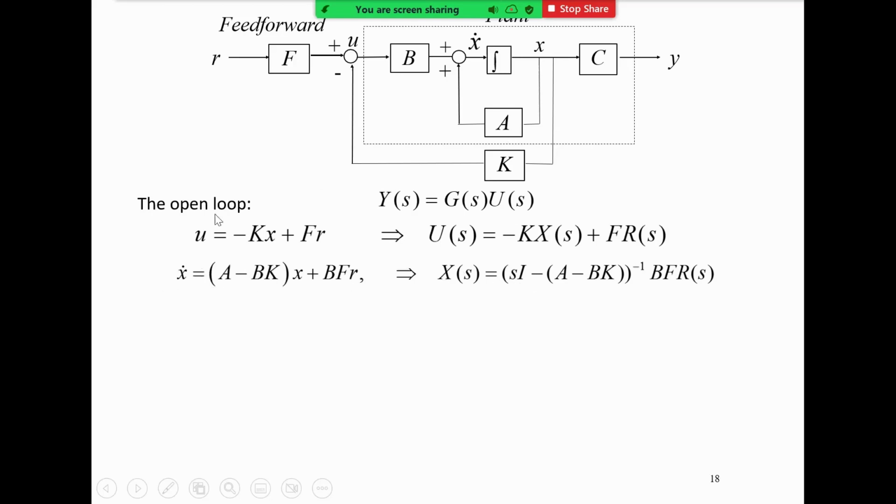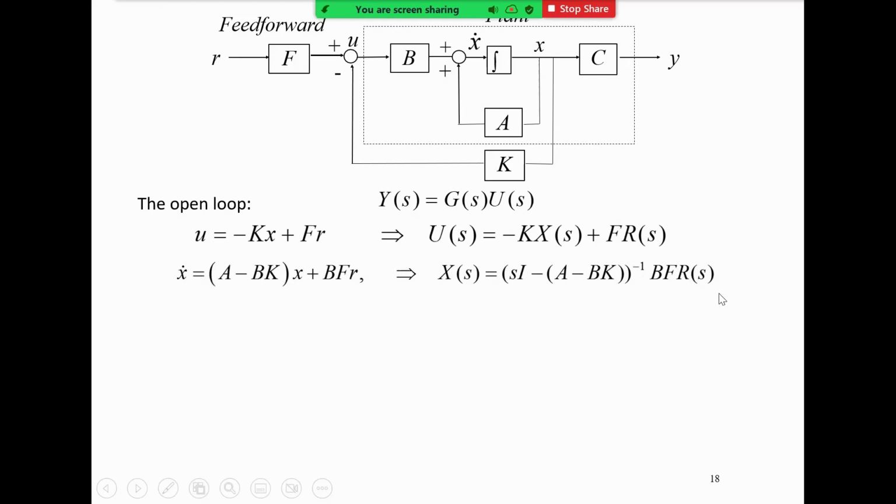Of course, I skip some of the steps. Basically, x dot becomes s times x, right? So that's how you get those s. You know, sI minus this matrix, you get the inverse of that.